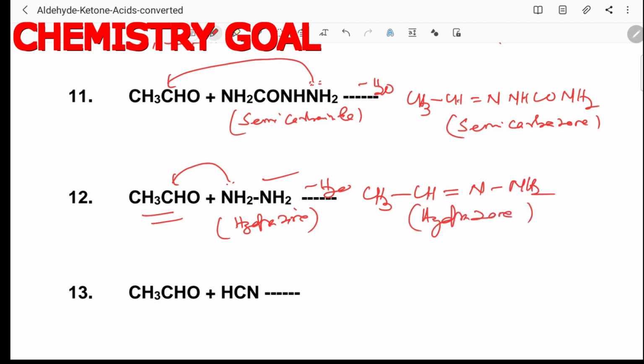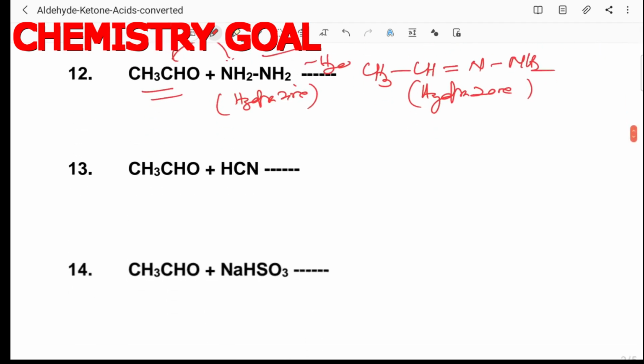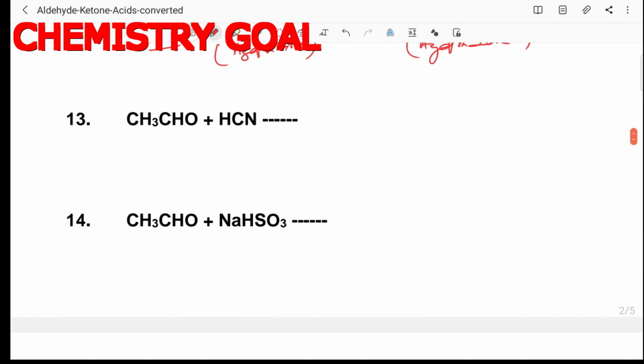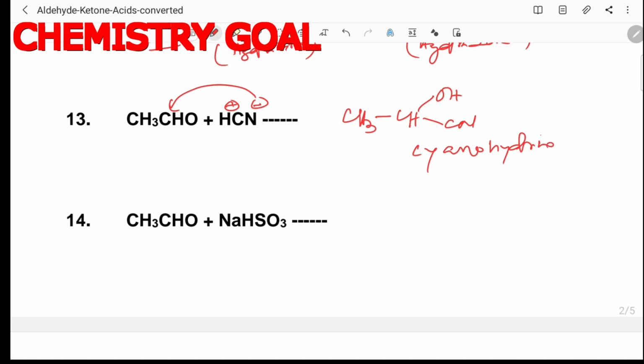Then reaction 13 is also a nucleophilic addition reaction of aldehyde. This has a minus charge and plus charge, so it acts as a nucleophile. The product is CH3CH, O becomes OH, then CN attacks as a nucleophile. This is called cyanohydrin, the product of nucleophilic addition to aldehyde.